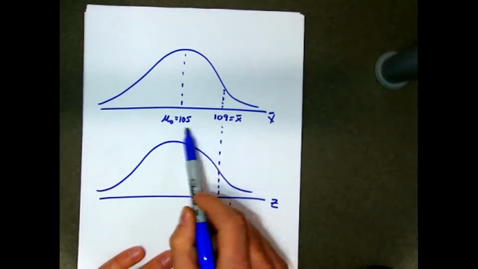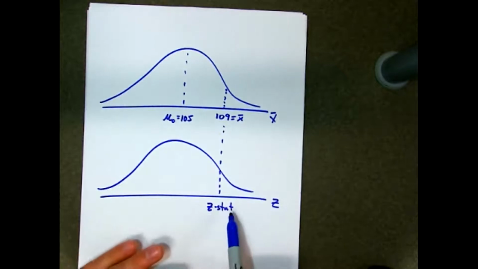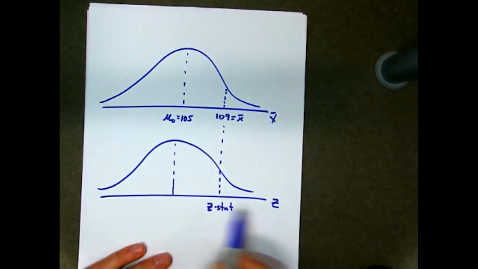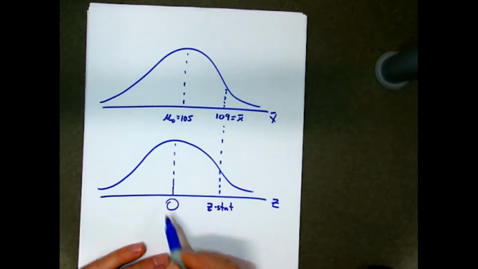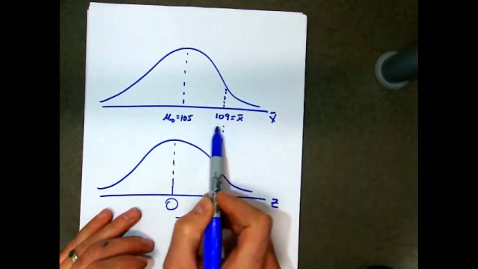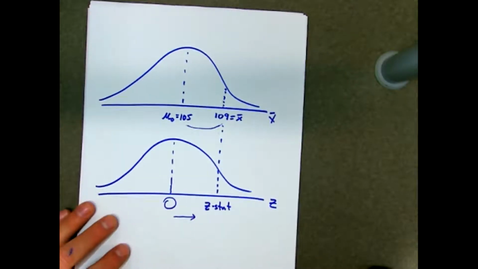Well, if I see sample evidence above that, my test statistic is going to be what sign? Well, my test statistic will be on the right, but the sign, right? My standard normal distribution is centered around 0. So my test statistic should be positive. I'm seeing a value that is going to be a certain number of standard deviations above that assumed true mean.